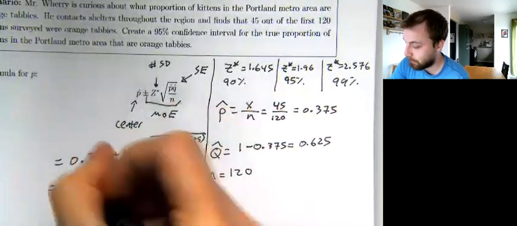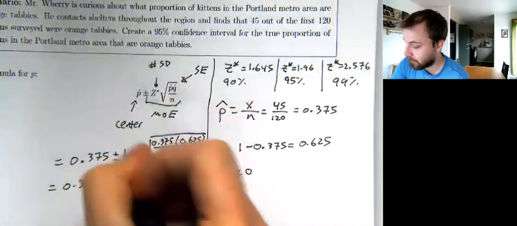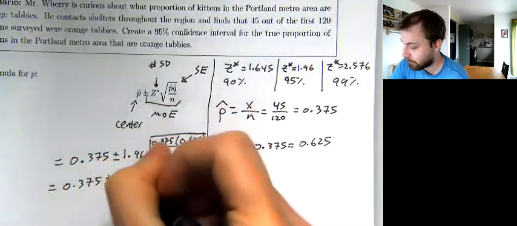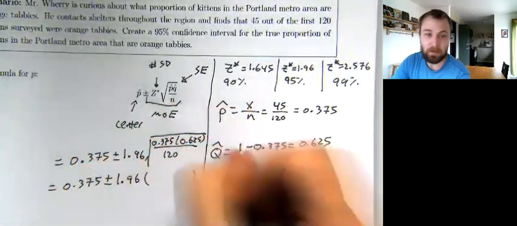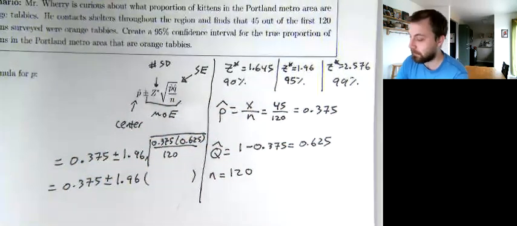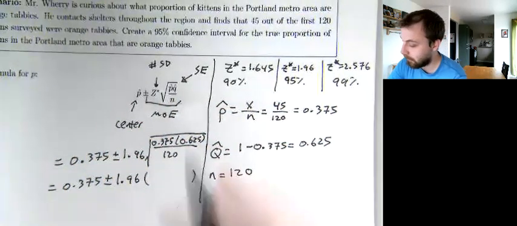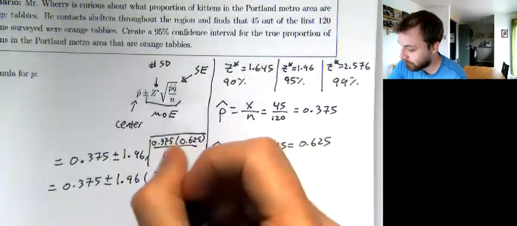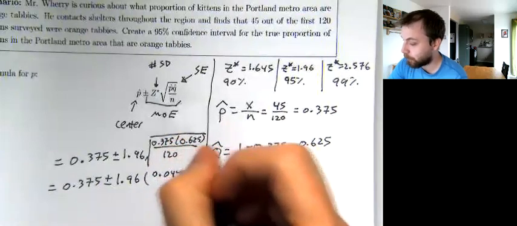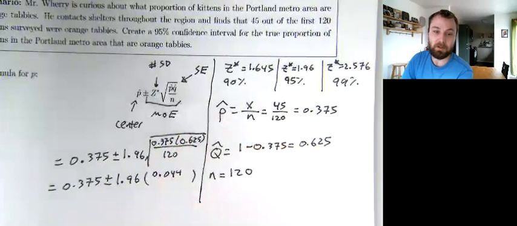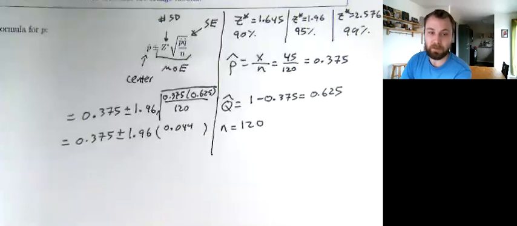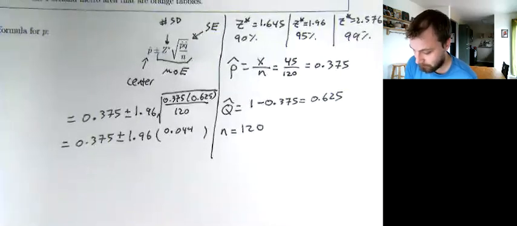And I'm going to break this up into smaller pieces as I go, just so I can practice the terminology as I type things in. I'm going to type in this square root. This is going to give me my standard error, and I get a standard error of something like 0.044 or so. I'm going to type in 0.044 times that 1.96.